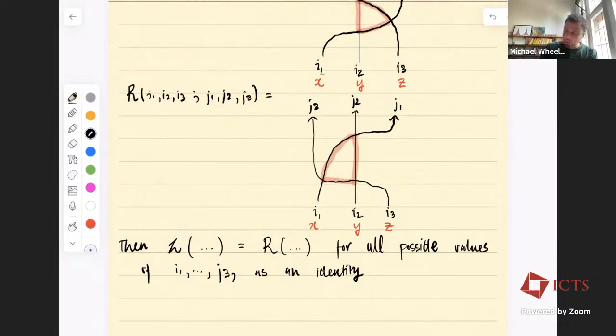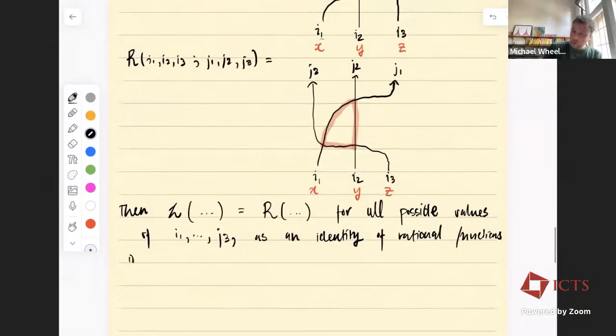And yeah, what I'm writing here is it holds as an identity of rational functions in the four parameters x, y, z, and q. All right. So really, you can think of it as a kind of formal identity, where I don't actually say anything about the precise values of whether the weights are real or complex or anything like that. It's really some identity of indeterminates.